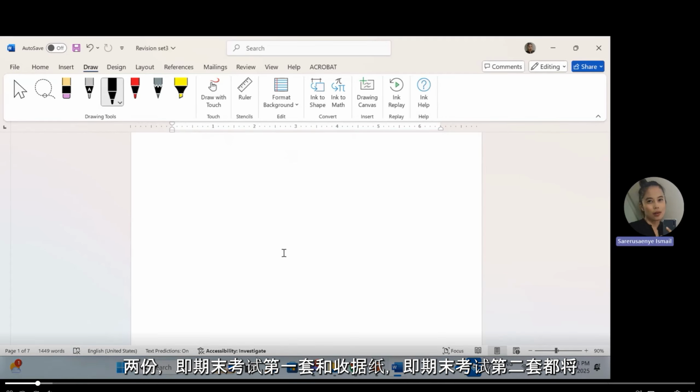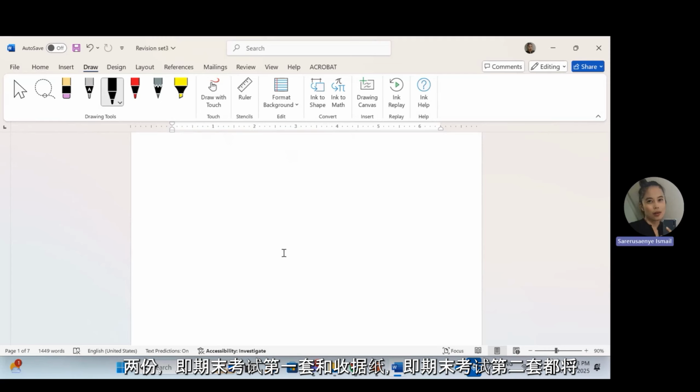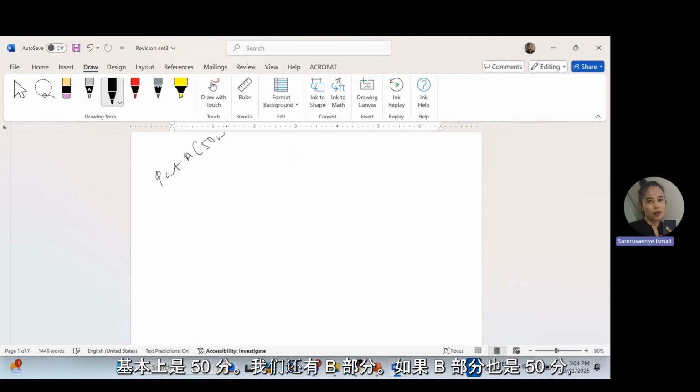So both final exam set 1 and the resit paper, final exam set 2, will have a similar format. We have a part A, which is 50 marks, and we also have a part B, also 50 marks.